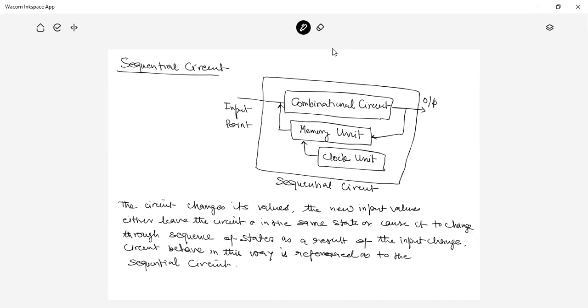So this is the definition. You can say that the circuit changes its value. Its value means the output value.